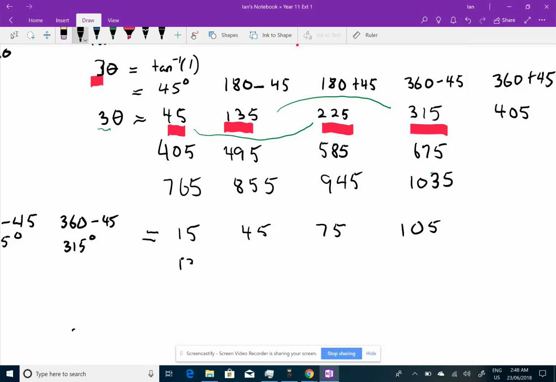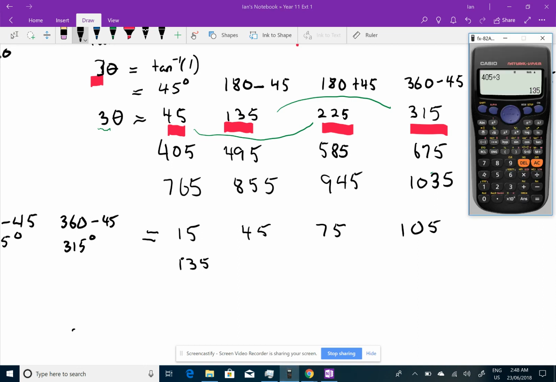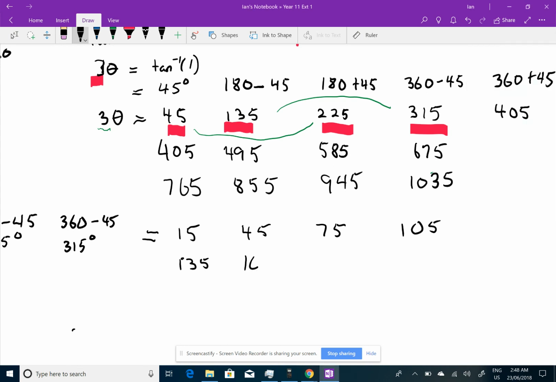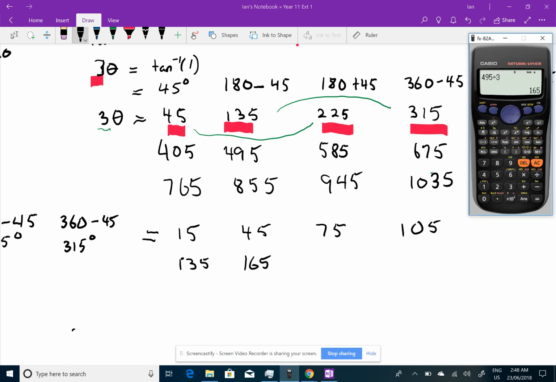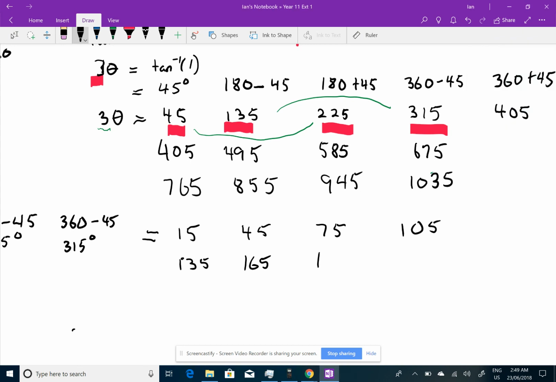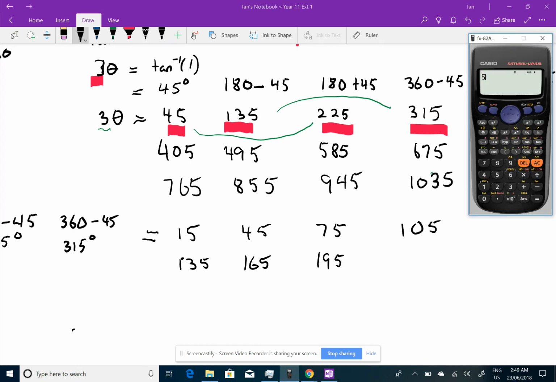Ah, 135. 495 divided by 3, 165. So they're going up by 120. Let's write this one in before we do it on our calculator. 120 plus 75 is 195. Let's just go 585 divided by 3.